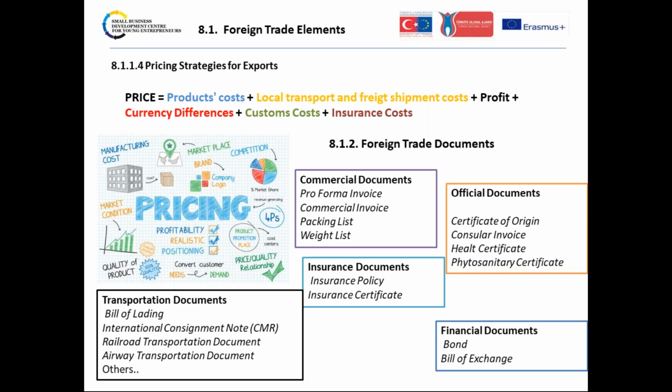You need to pay some other services that the port will give you. And finally, the insurance cost. If you are going to insure your products, this is also a cost. So shortly, you have to add all these costs to your price, and then you should offer your price to your customer.